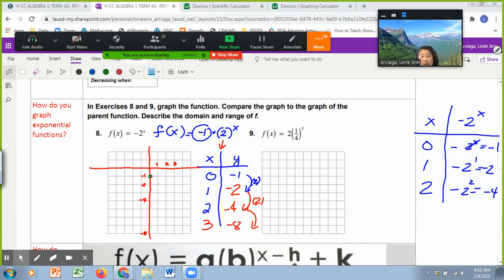Once you get the hang of it, you can actually get rid of the table. You see how I'm doing it? For example, I look at that: it's -1 times 2^x. So the initial value is -1. And if I know the growth factor is 2, I just go straight to the graph. The next number after -1, I multiply by 2, so when x is 1, I go to -2.